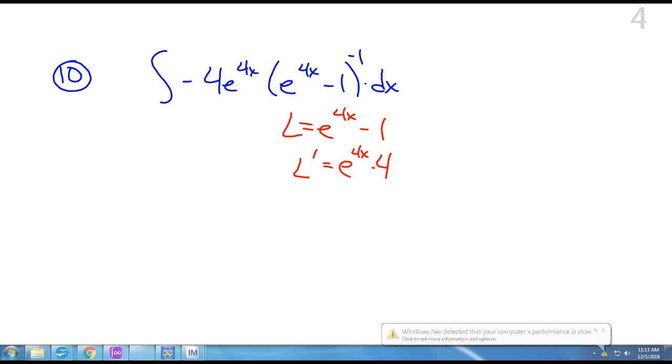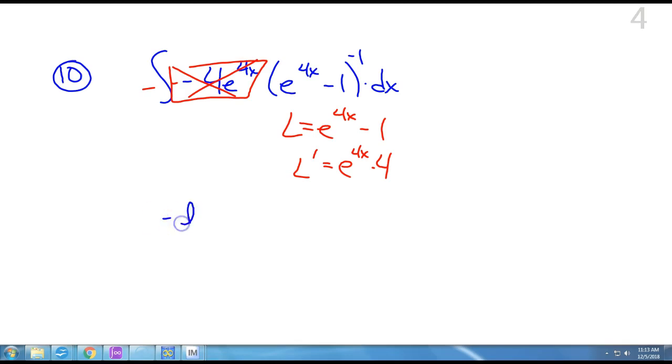A negative. So I can also do that click and drag thing. You can do it either way. You're going to end up with a negative out there, and that stuff is going to go away. And then my job is to integrate the big guy. So I add 1 to the power, I get 0, multiply by the reciprocal of 0. That doesn't work. Oh yeah, that's natural logs. So I'm not taking the natural log of the negative, but it's a negative version of whatever the ln was. So that's legal.